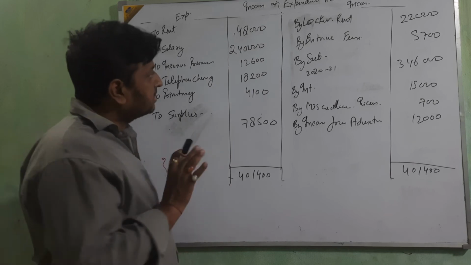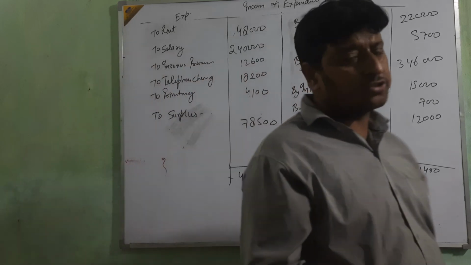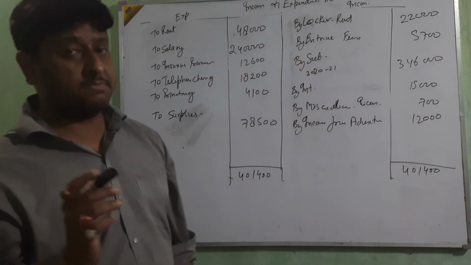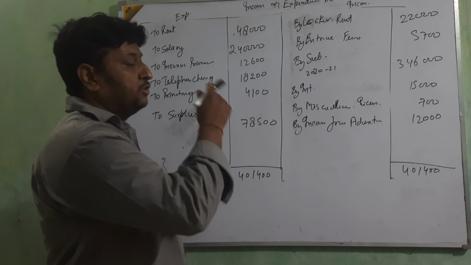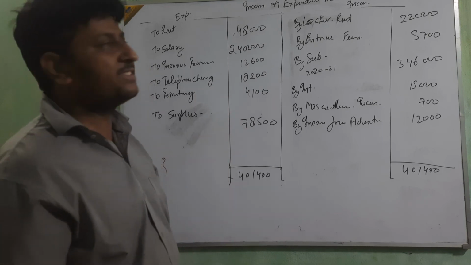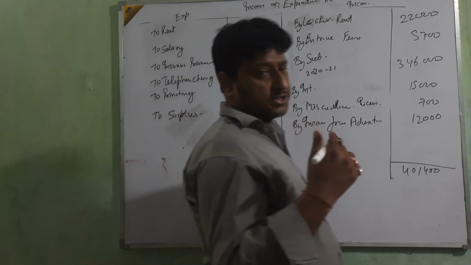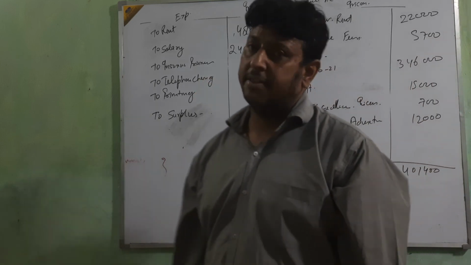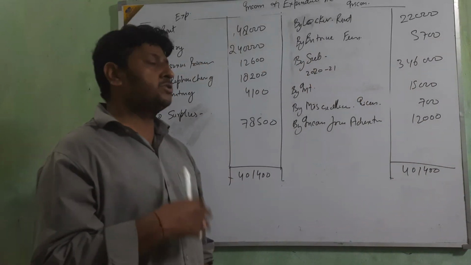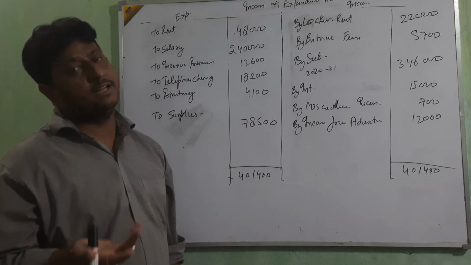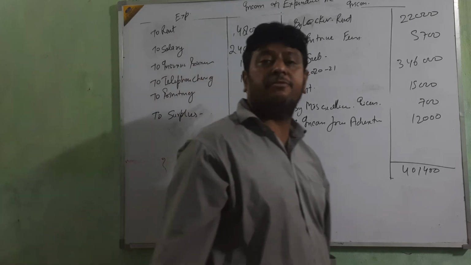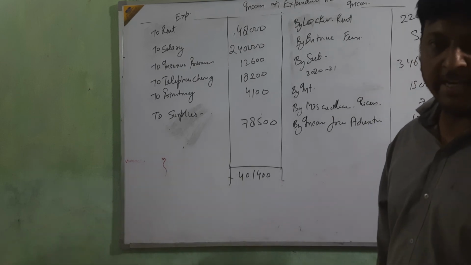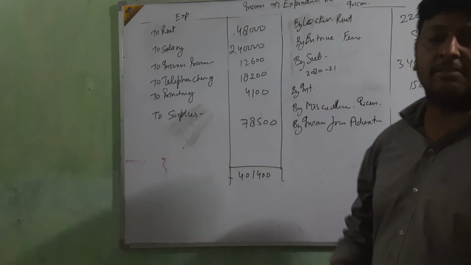I think everything is clear. In this question, no adjustment is there. If any adjustment is given, then we are going to use that adjustment also. Likewise, if any outstanding is given related to the current year, that will be added. Any outstanding from the last year will be deducted. If an advance is given for any expense, that will be deducted if it is for the current year.